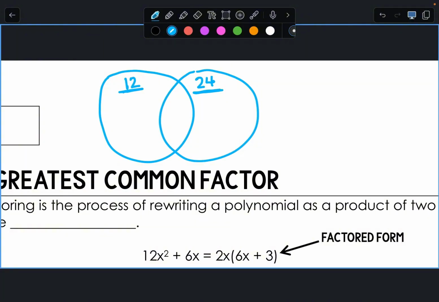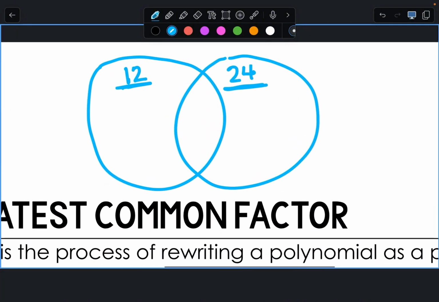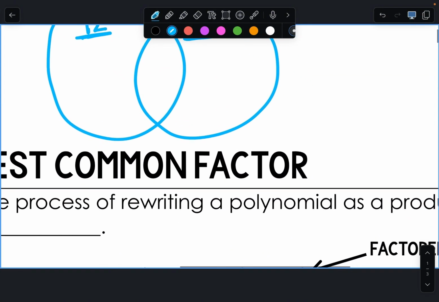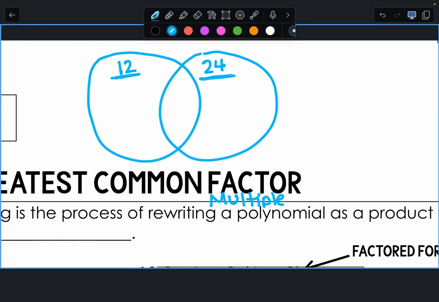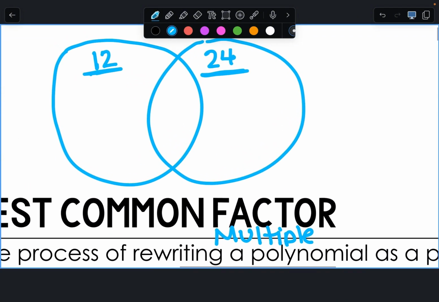Give me all of the factors. The word factor is just another word for the word multiple. So I need all of the multiples of 12. Always start with 1. 1 times 12, 2 times 6, then 3 times 4.